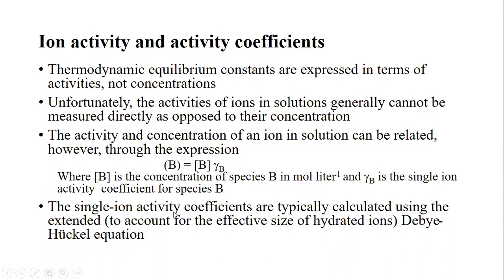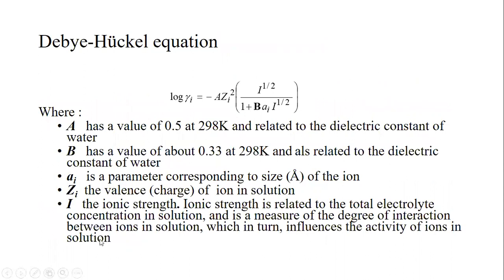The single ion activity coefficients are typically calculated using the extended Debye-Huckel equation, to account for the effective size of hydrated ions. We look at this equation, the Debye-Huckel equation. Log gamma of I, just a minute ago we said of B, species B, I is another way of saying any species, any ion we're interested in the salt solution.